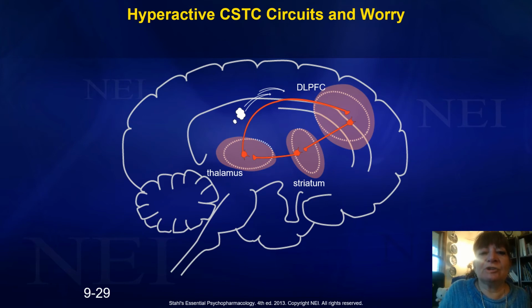So noradrenergic hyperactivity in the CSTC circuits may be blocked by giving a norepinephrine transporter inhibitor, as we refer to it, NET. And that can result in downregulating the beta-1 receptors, which can also lead to an alleviation of the worry.